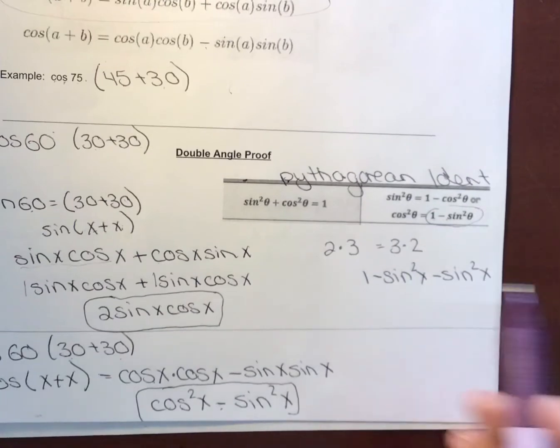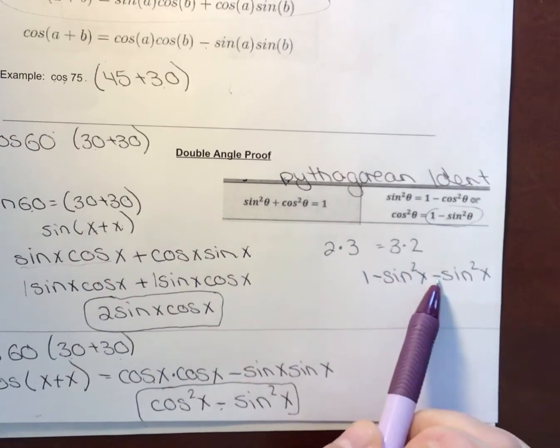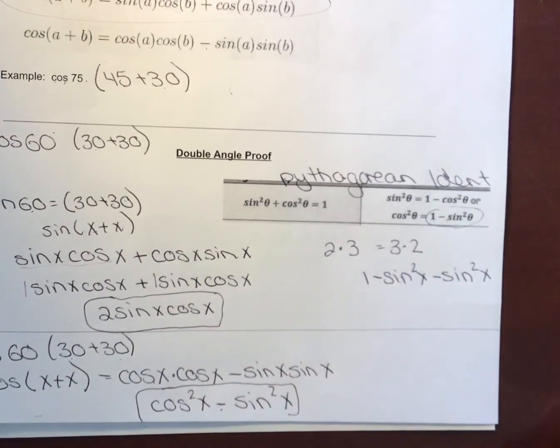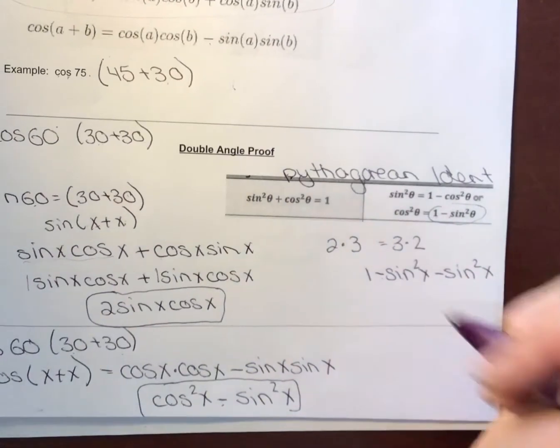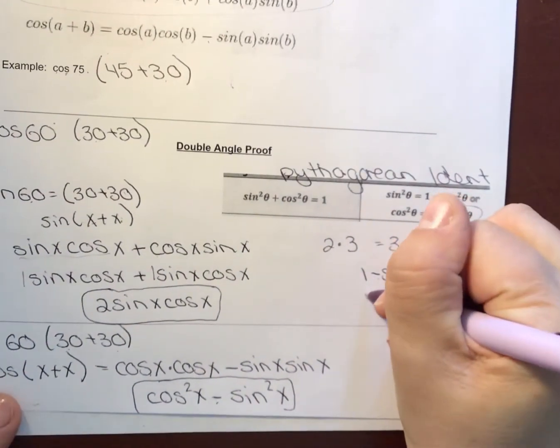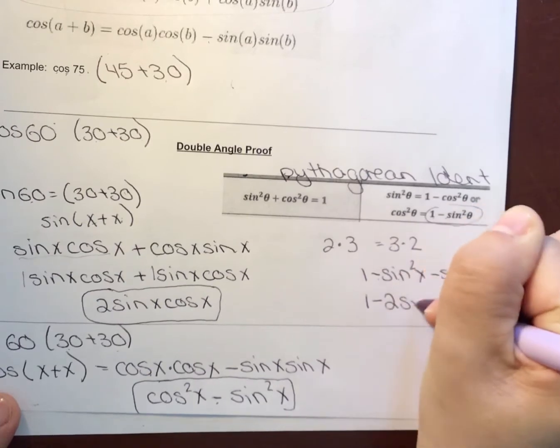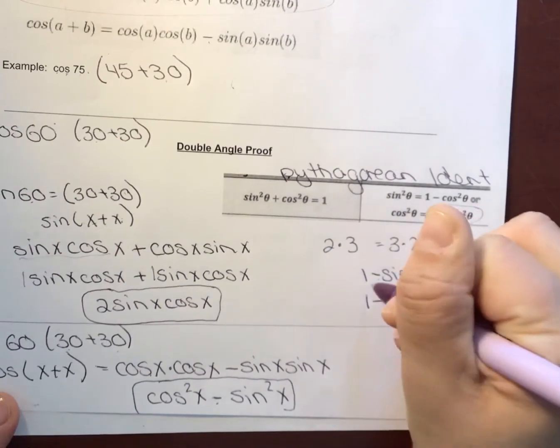Now we just simplify. A negative sine squared and a negative sine squared combine to negative 2 sine squared. So another way we can look at this formula is 1 minus 2 sine squared x.